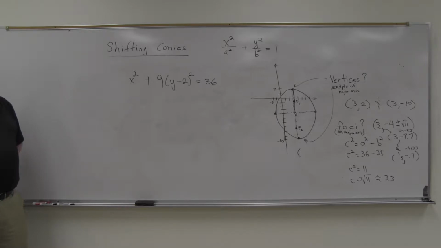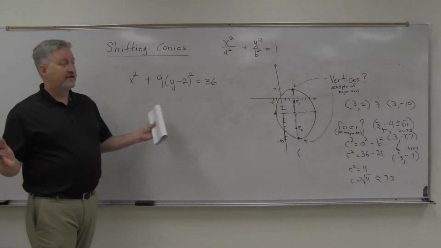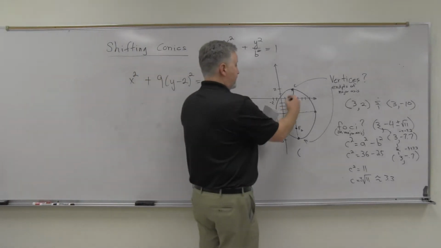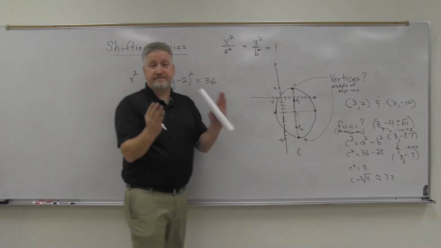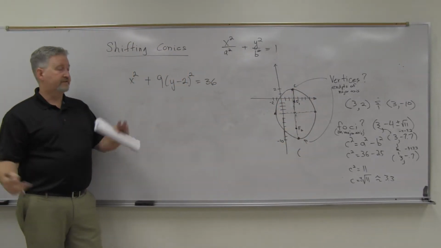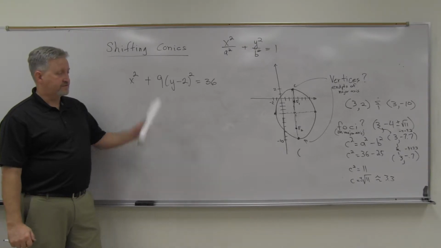All right. Now, this one is not quite a circle. Really, a circle is just a special ellipse. If you think about it, a circle is where you go out the same in both directions, so it's an ellipse that has the same dimensions in all directions.